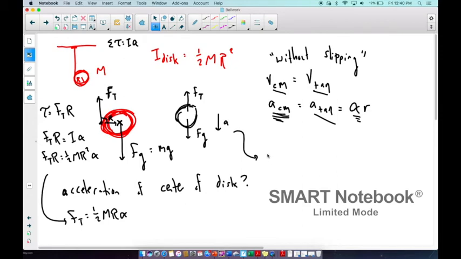So the sum of the forces is going to be Mg. That should be a big M, shouldn't it? Minus the force of tension, which I've already expressed right here, 1/2 mR alpha. There's my net force. Force of gravity minus force of tension equals the mass times the acceleration, just like that.